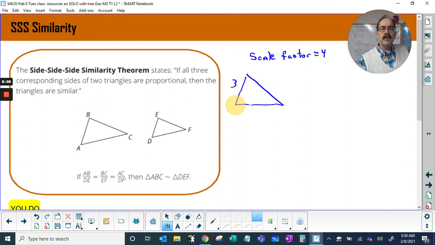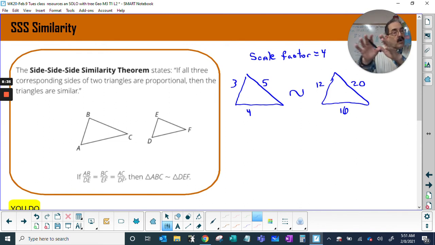We do our famous 3, 4, 5. Similar by factor of 4. I'm just going to draw the exact same triangle, but I'm going to multiply by 4. So 12, 20, 16. If all the sides are in proportion, now here's the math piece.